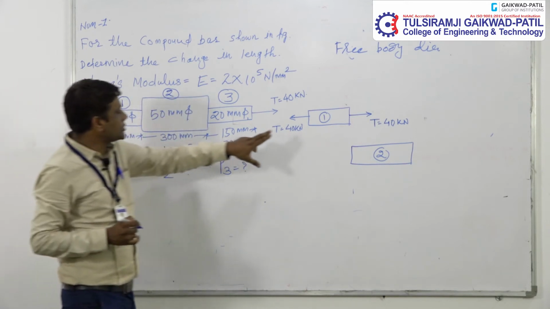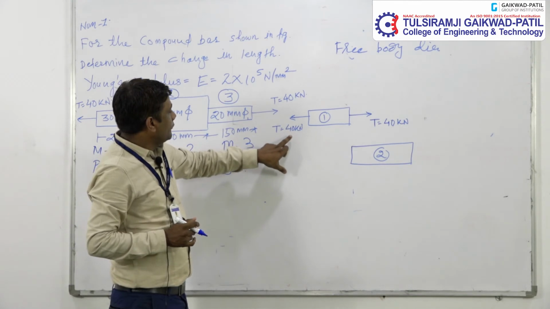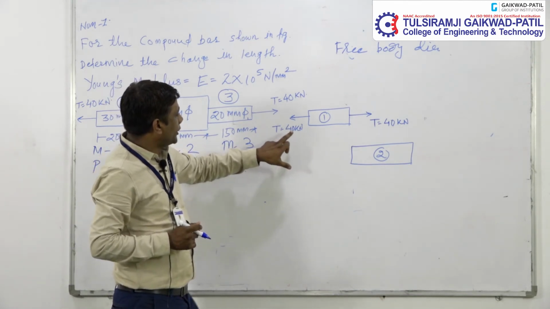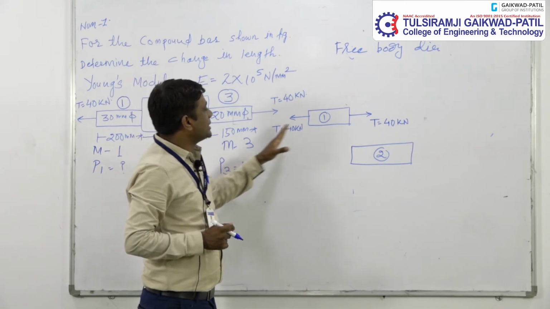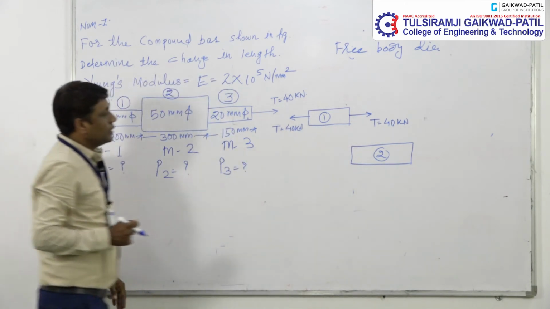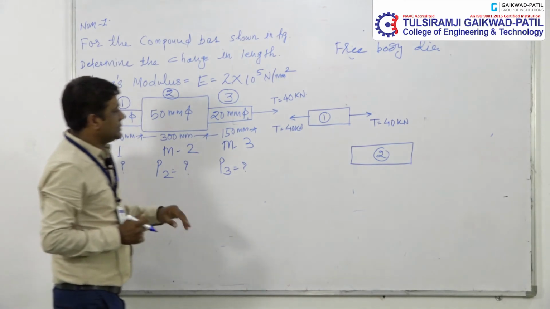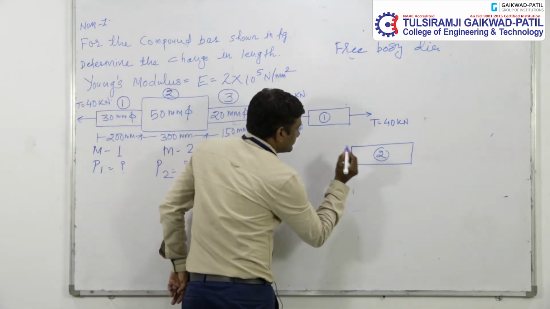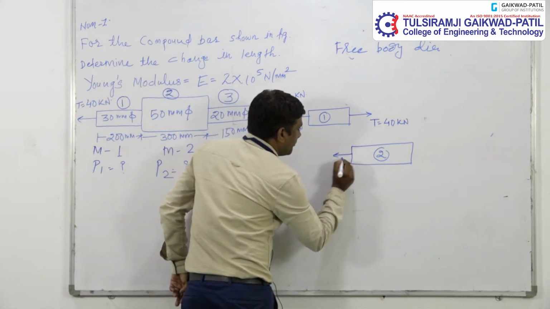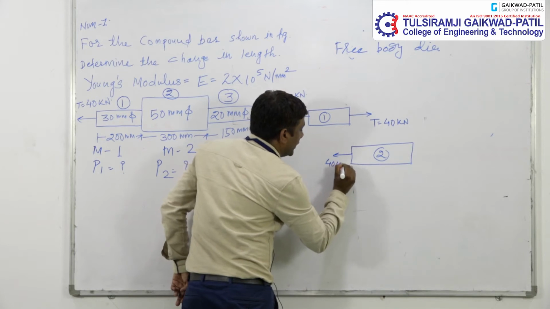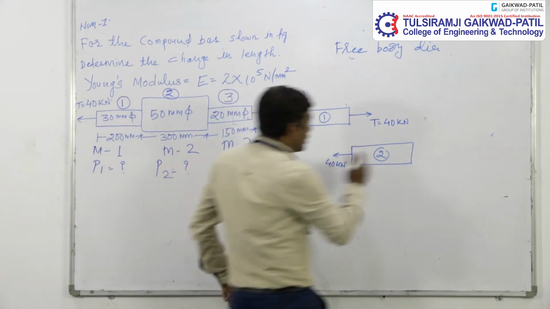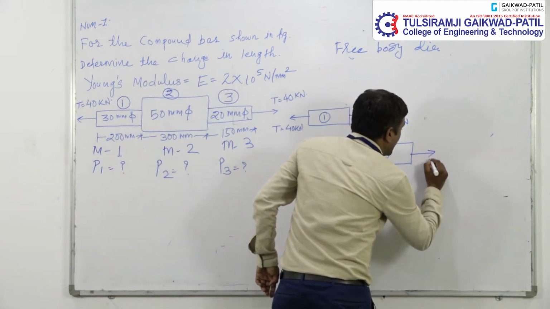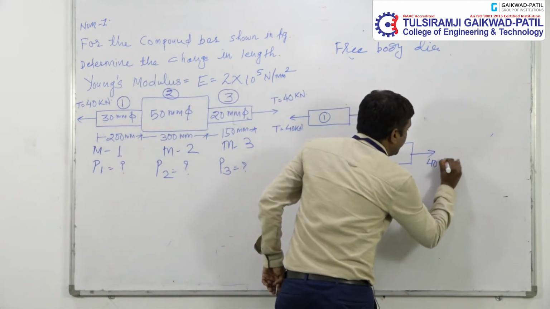In the first figure, a force of magnitude 40 kilonewton is acting in the tensile direction. Now to counterbalance it, we will provide a tensile force of 40 kilonewton here, and again to counterbalance this diagram we provide a tensile force of 40 kilonewton here.